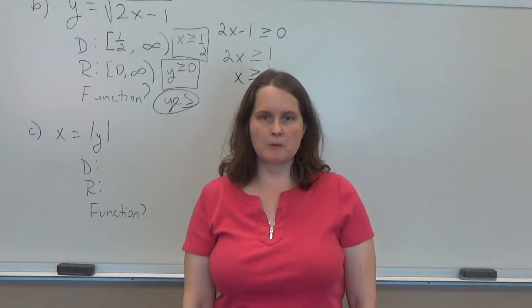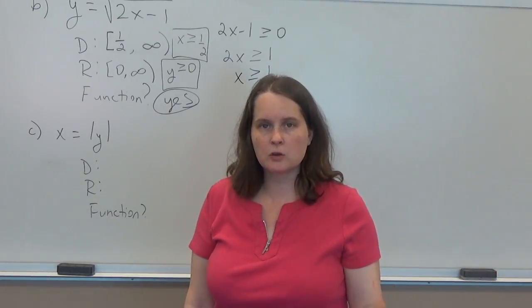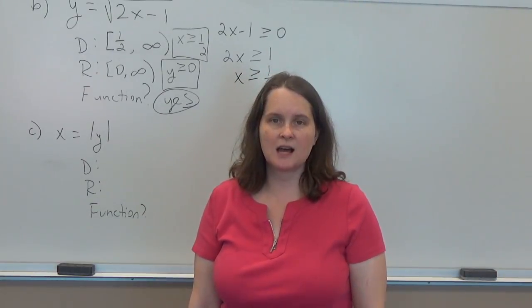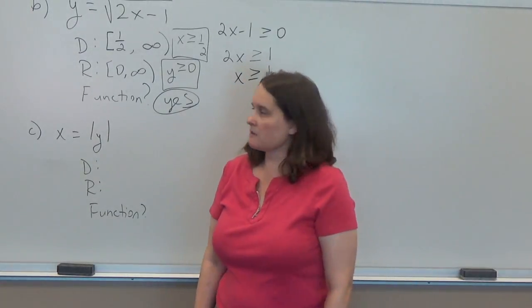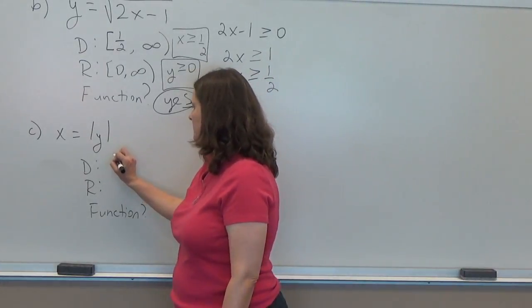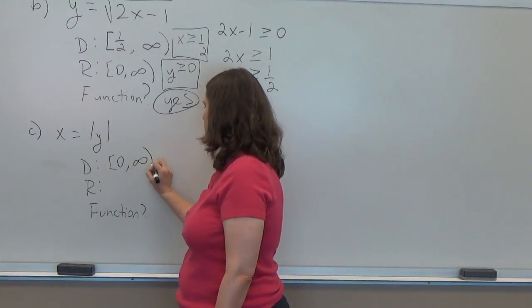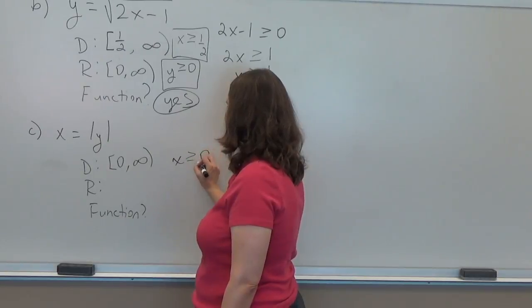Similar to the last problem, just like with the square root, if you've got x equal to an absolute value quantity, what does that tell you about the sign of x? x has to be positive. So if x is positive, then the domain is going to be square bracket 0 to positive infinity, which is also the same thing as saying x greater than or equal to 0.